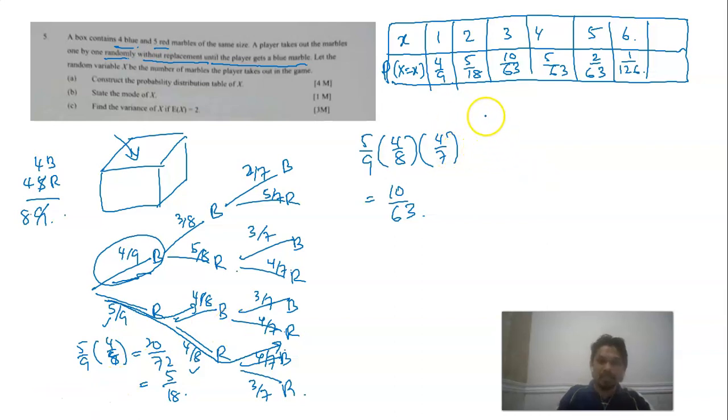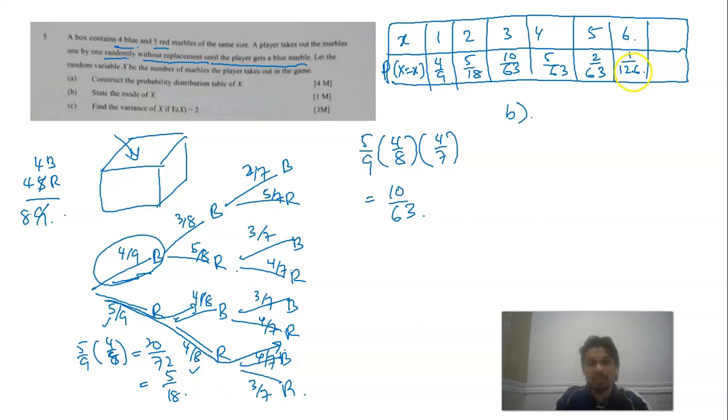Okay, so next question. State the mode of x. The mode means the value with the highest probability of appearance. Even though we can see here the denominator is bigger, 63 and 126, the denominator of this probability is higher, which is 126.